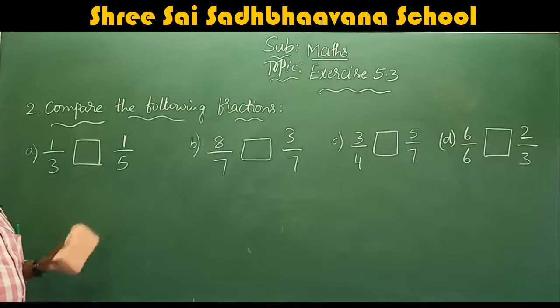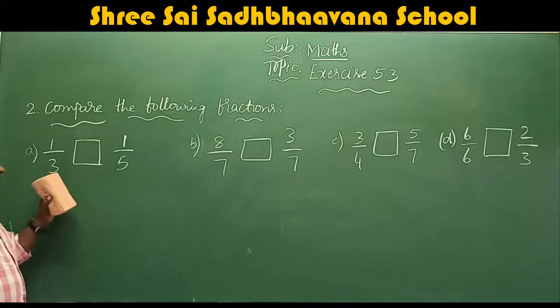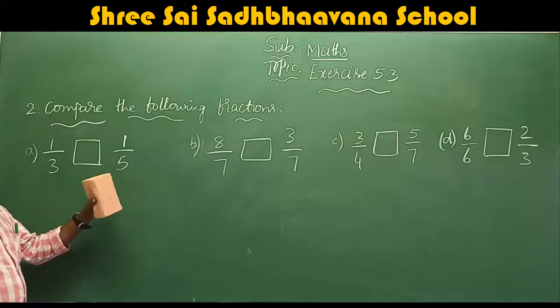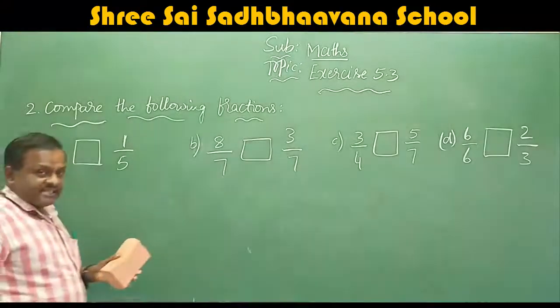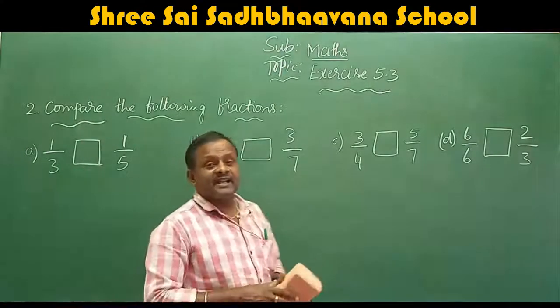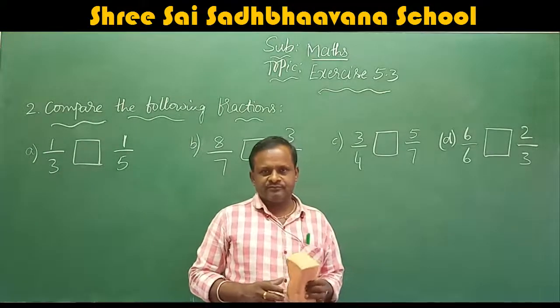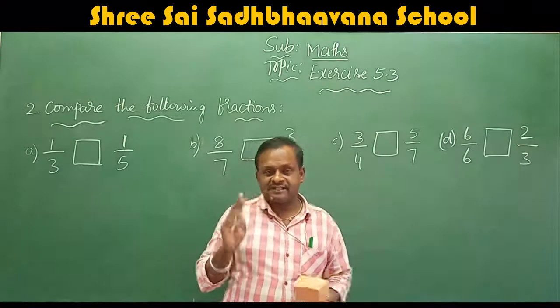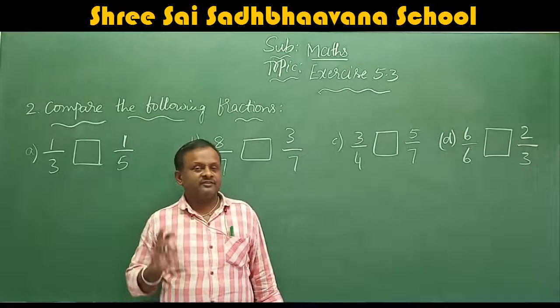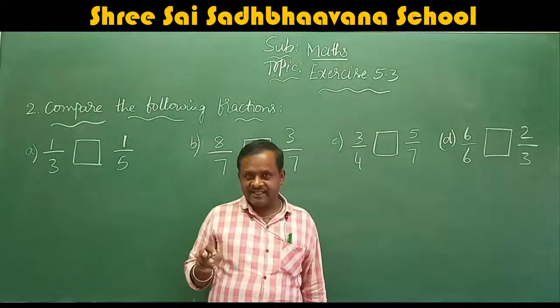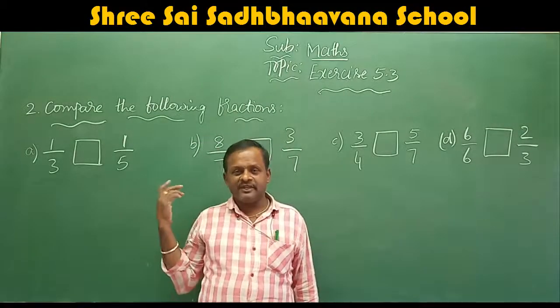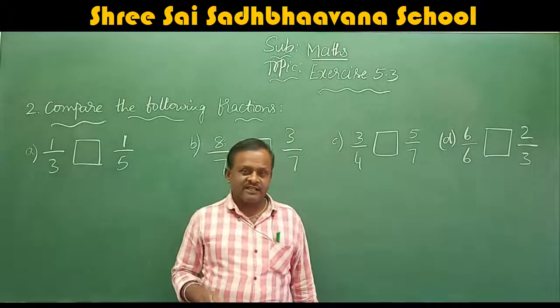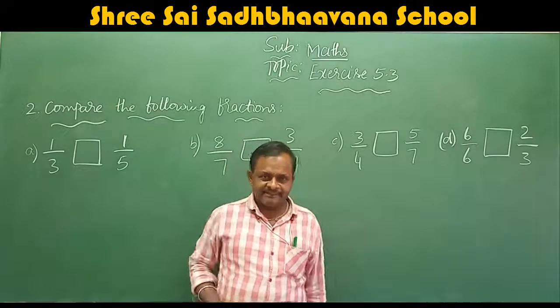Which is greater and which is smaller? Here 3 is smaller and 5 is greater. Which is smaller, that is the greater fraction. Just to understand, don't confuse. If the numerators are same, compare the denominators. Which is smaller, that fraction is greater.